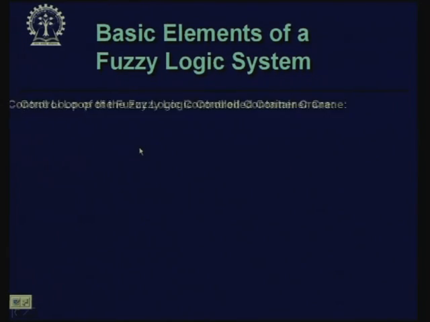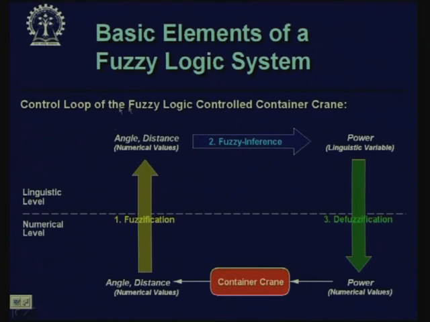as two issues, that at which angle I should leave it and from which distance I should leave it. Now, here you see the container crane, I have to give it a particular power. Depending on the power that I give, the crane will move with different speed and accordingly the angle and distance will vary. So, I have to control that power, that is my objective.